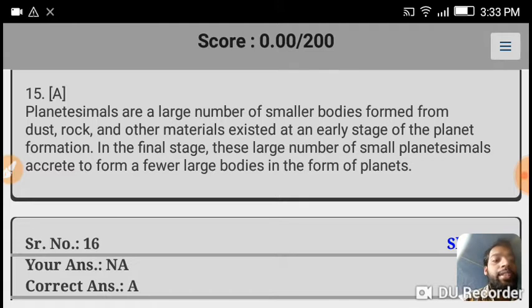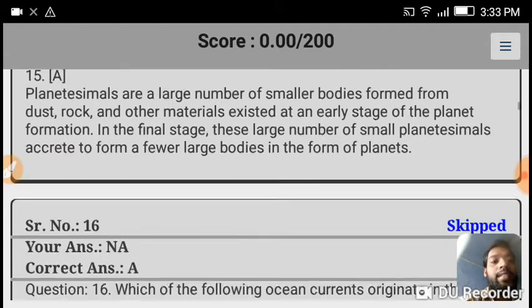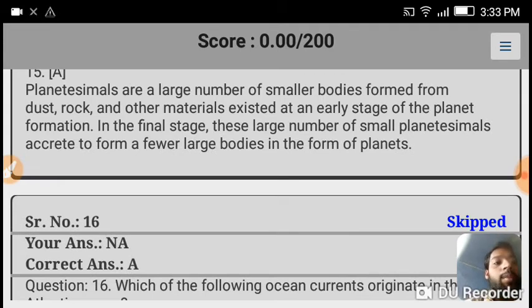In the final stage, these large numbers of small planetesimals accrete to form a few large bodies in the form of planets.